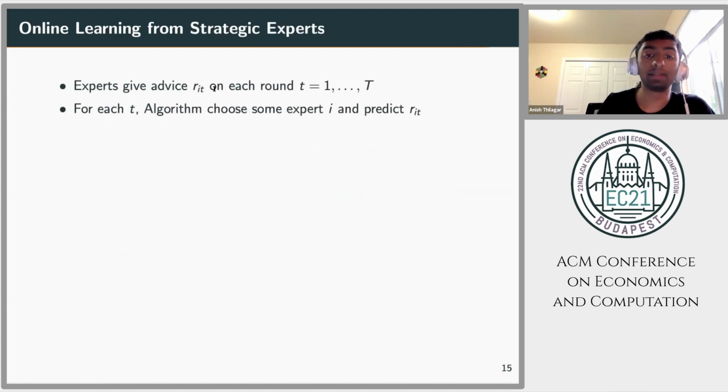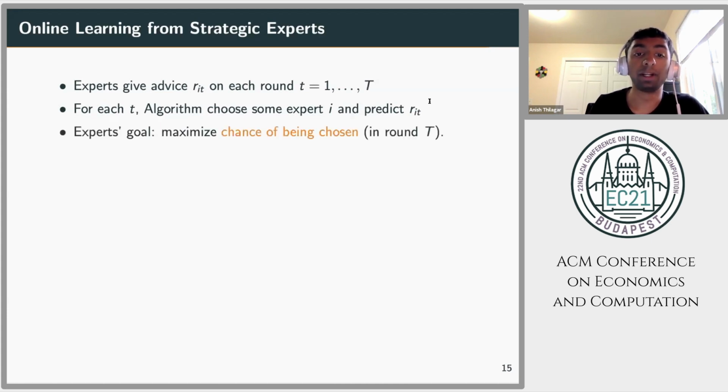We're still in the same situation where we're getting advice on rounds 1 through T. At each round, we're still going to choose one of their predictions and use that as our prediction. But here, since the experts are strategic now, their goal is to maximize their chance of being chosen in the final round. That's all they care about. To account for that, they might misreport.